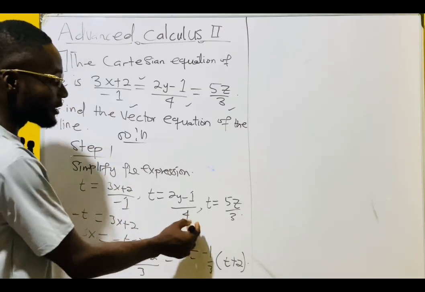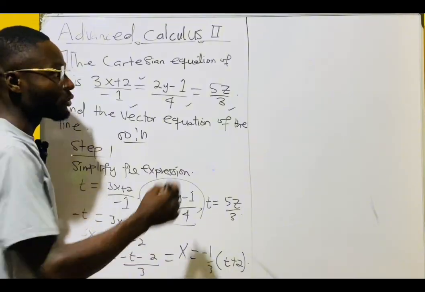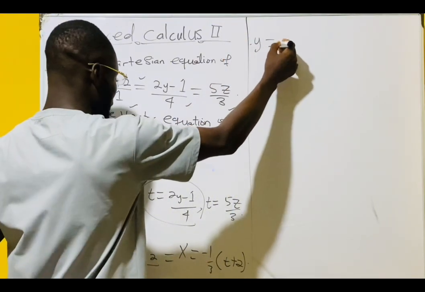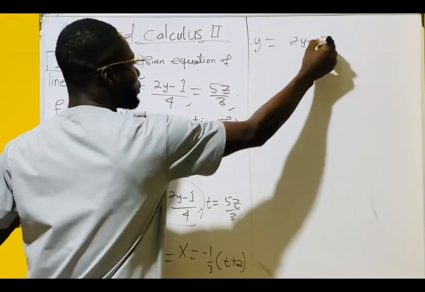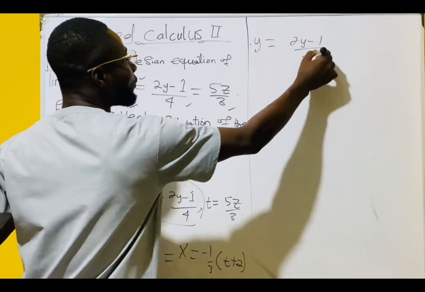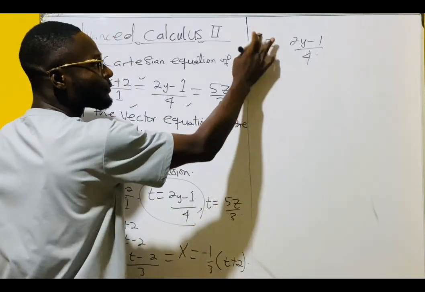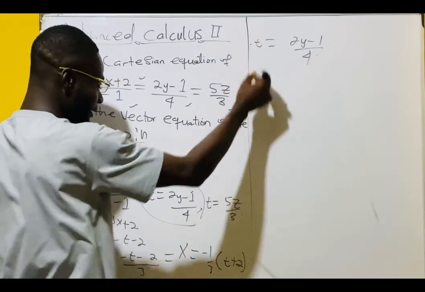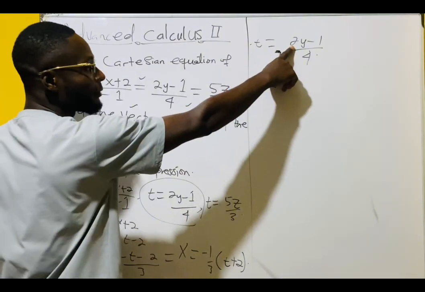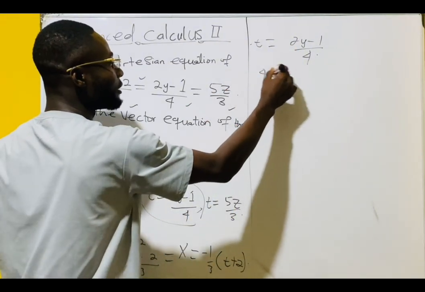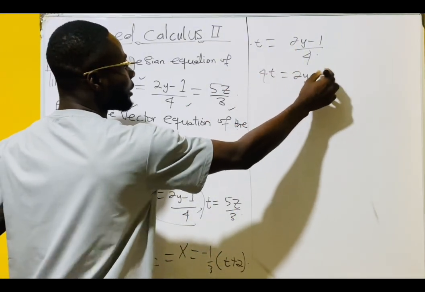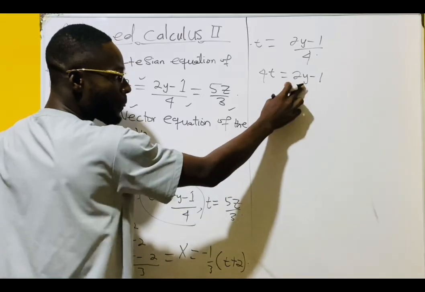The same thing applies to this part. So we're going to say that t equals 2y minus 1 all over 4, right? So making y the subject, we're going to have 4t equals 2y minus 1, right? So we need y.